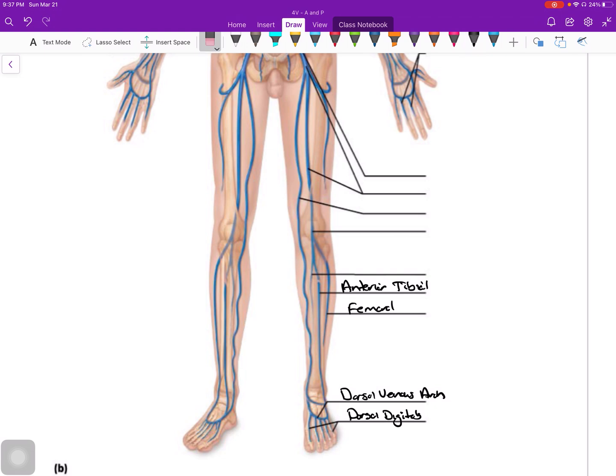Actually, I'm going to change that, guys. That's going to be my small saphenous, based on where that is over here, posterior side of that. And then my posterior tibial. All right, popliteal.